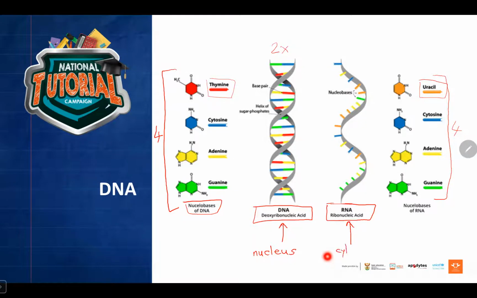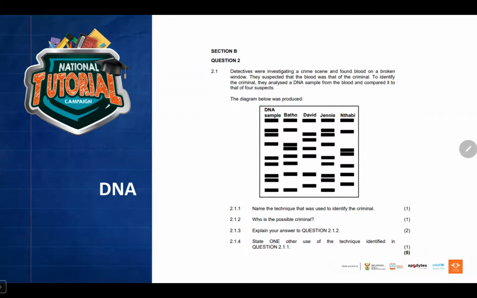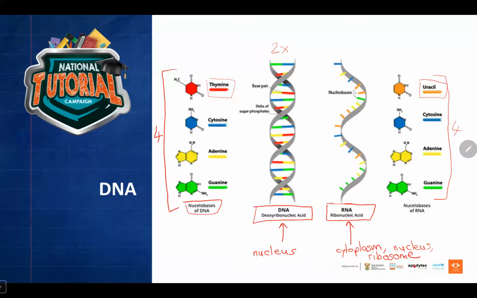So cytoplasm, there's some in the nucleus, and you will find it by the ribosomes. Why do we say that? If we just quickly take a break and we think about protein synthesis, then with protein synthesis, remember, we want to make a protein molecule out of this DNA molecule.